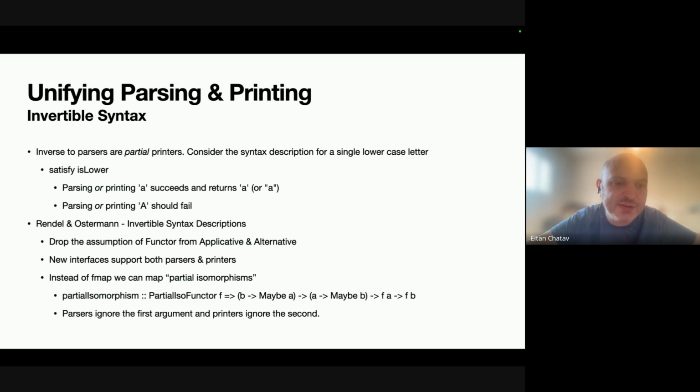And instead of fmap, we can map what are called partial isomorphisms, which is two functions, a function from B to Maybe A and a function from A to Maybe B. So in each direction, and it's partial because of the Maybes. And that gives us a function from f of A to f of B. Parsers are covariant, so they ignore the function from B to Maybe A, and printers are contravariant, so they will ignore the function from A to Maybe B.